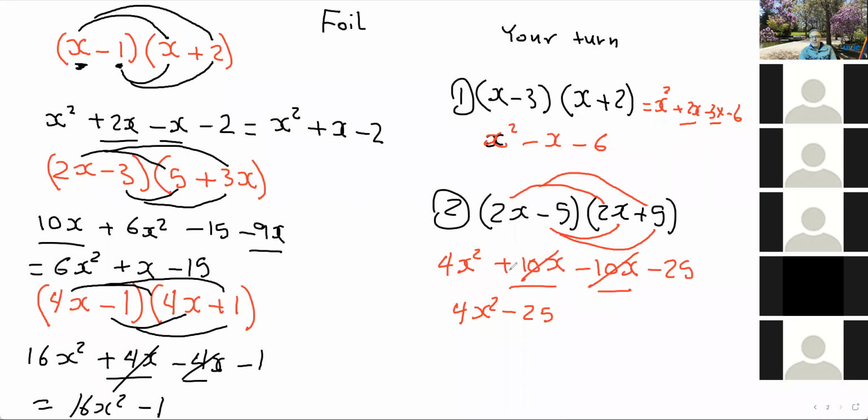All right. So now let me talk to you about the shortcut. If we have 2x minus 7 and 2x plus 7, can you tell me what you notice in these kinds of questions?